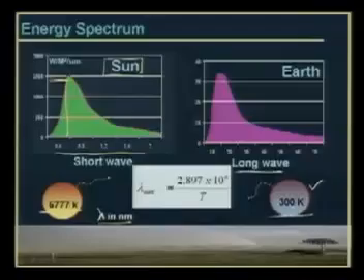So now the concept must be clear: the radiation that is coming from the sun is in the short wave form, because the sun acts as a black body and the temperature is very high, and the radiation that comes by virtue of heating of the earth, which is at a lower temperature, something close to 300 Kelvin, will be in the long wave.